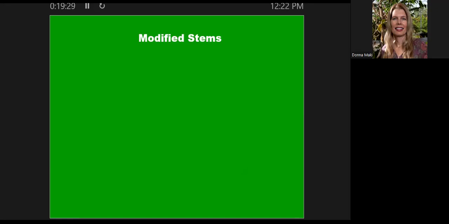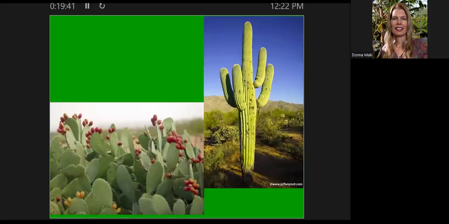Then some plants will need to modify their stems in order to thrive in the areas that they're living. So here's some examples. Desert plants are amazing in their ability to adapt. We've already talked about CAM plants and how they can do a very special form of photosynthesis. The left image are flattened stems.